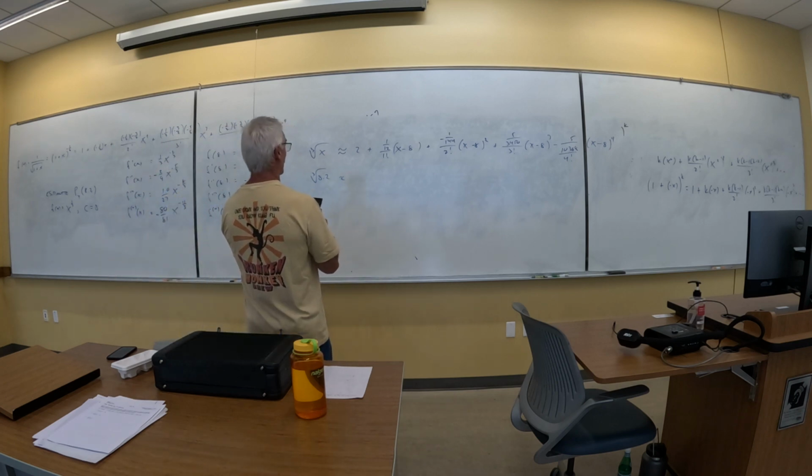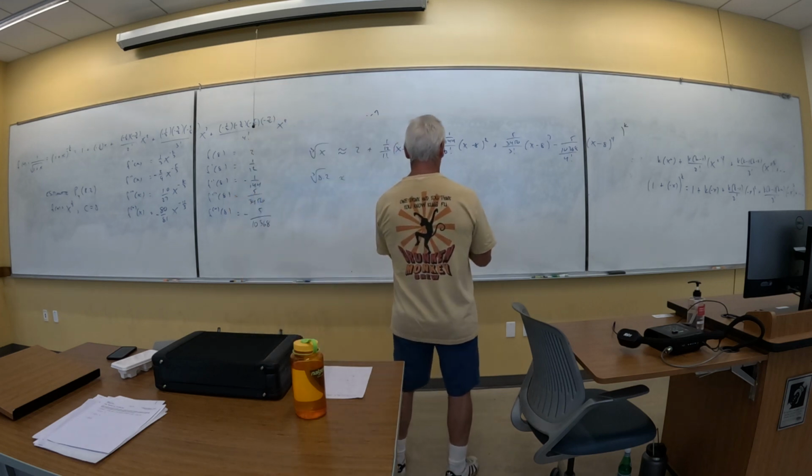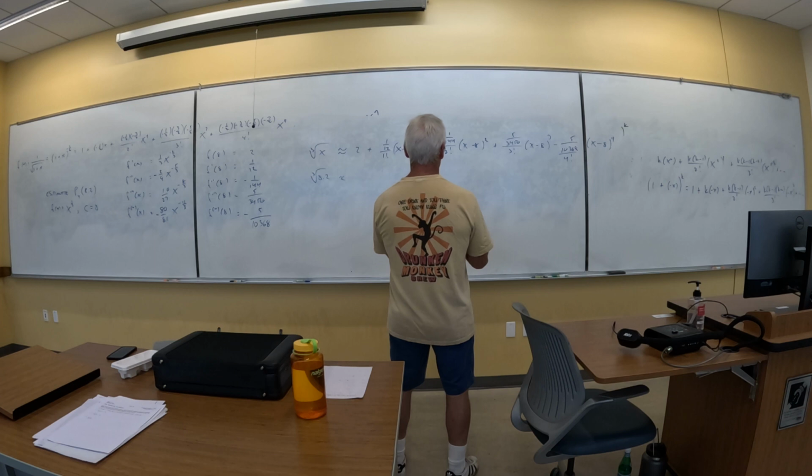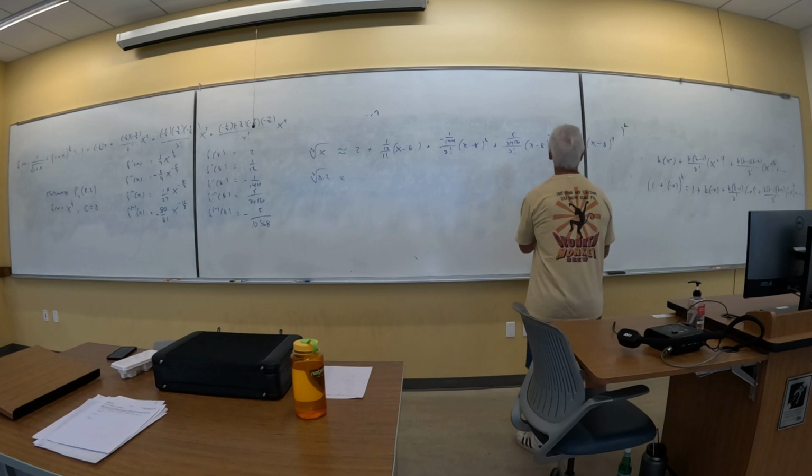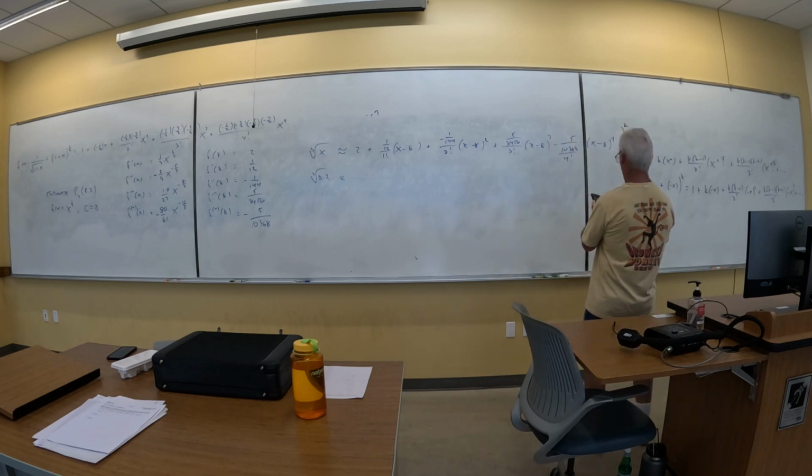So, 2 plus 0.2 divided by 12 minus 0.2 squared divided by 144 divided by 2 plus 0.2 cubed times 5 divided by 3, 4, 5, 6 divided by 3 factorial minus 0.2 raised to the 4th times 5 divided by 10,368 divided by 4 factorial.